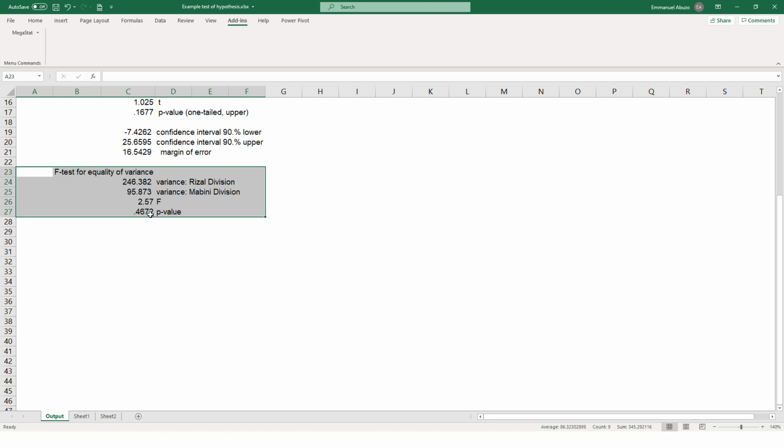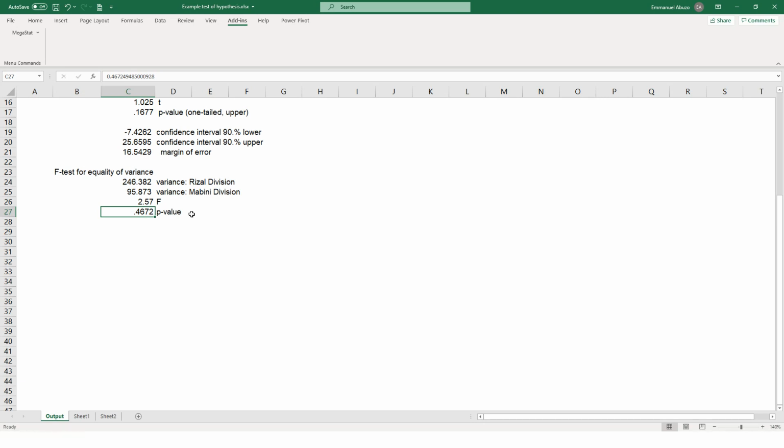And the p-value is 0.4672. If the p-value is greater than the level of significance established in the problem, remember the alpha there is 0.10, then we are not going to reject the null hypothesis. Take note that if the p-value is greater than the alpha level, we are not going to reject the null hypothesis.